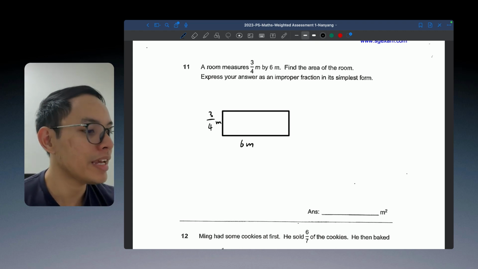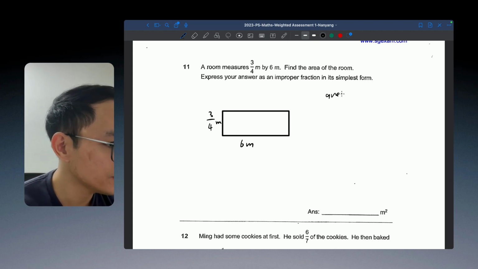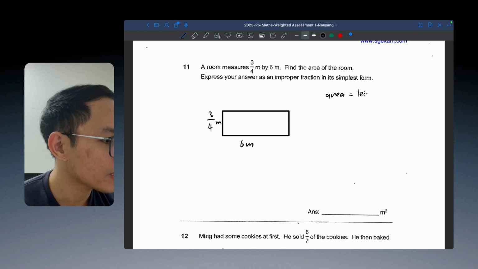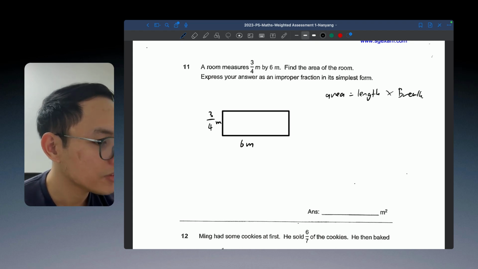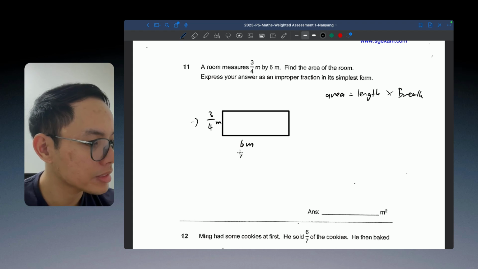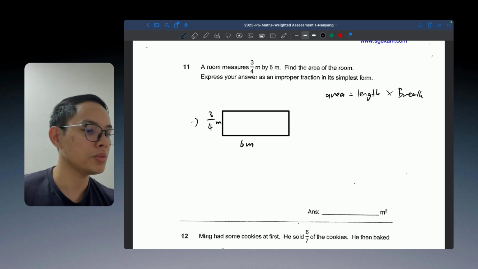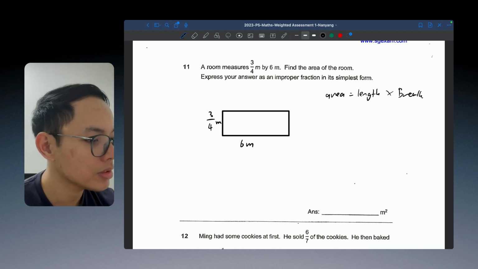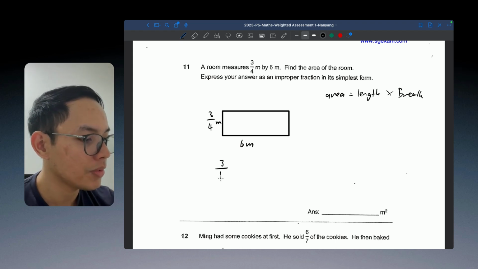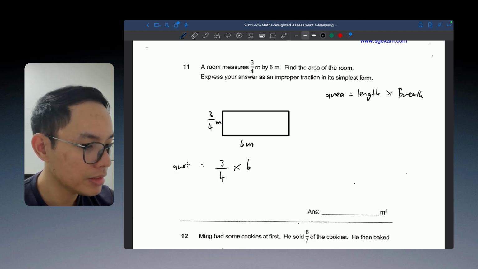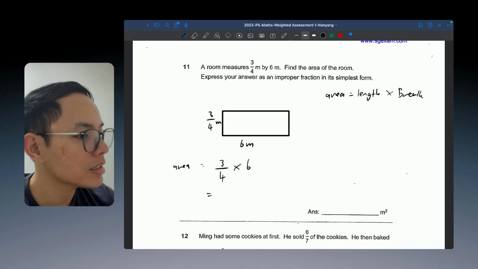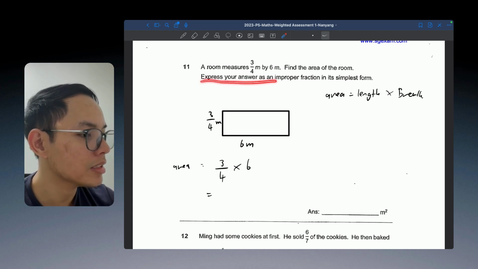So if you remember, the area is equal to length times breadth, right? In this case over here, the length is 3/4, breadth is 6 meters. So what we need to do is just multiply. So let's try 3/4 times 6. So this is the area. The next thing is express our answer as an improper fraction in its simplest form.